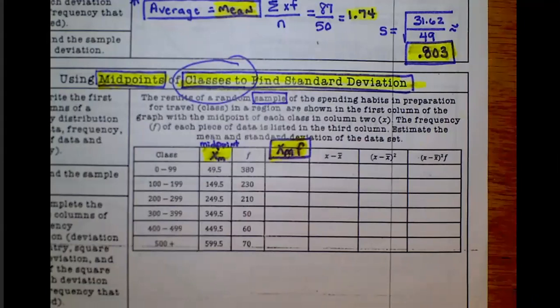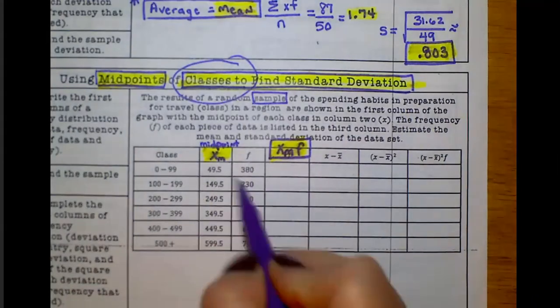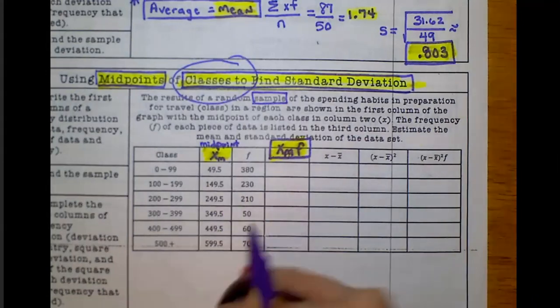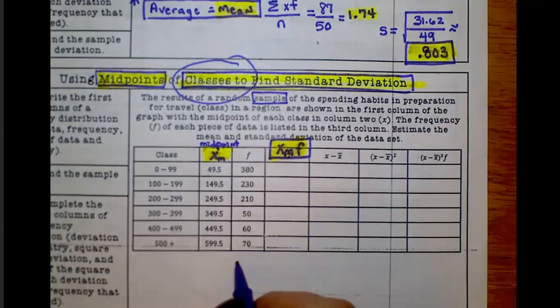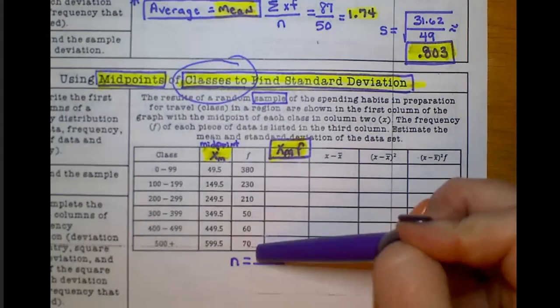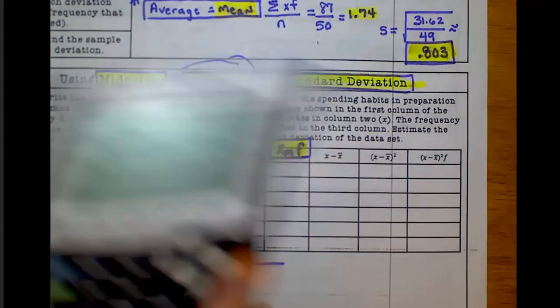I'm trying to figure out how many people might have been polled in this sample, because we always know that there's a certain number in a sample that was polled. If this occurred 380 times, that occurred 230 times, the frequency is going to tell me how many people were in the sample. Your frequency is going to tell you how many were in that sample. So let's add that up first.